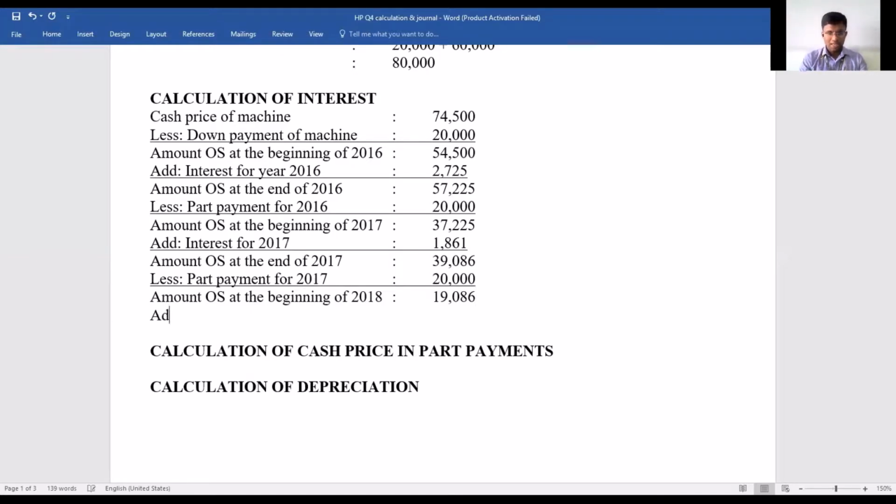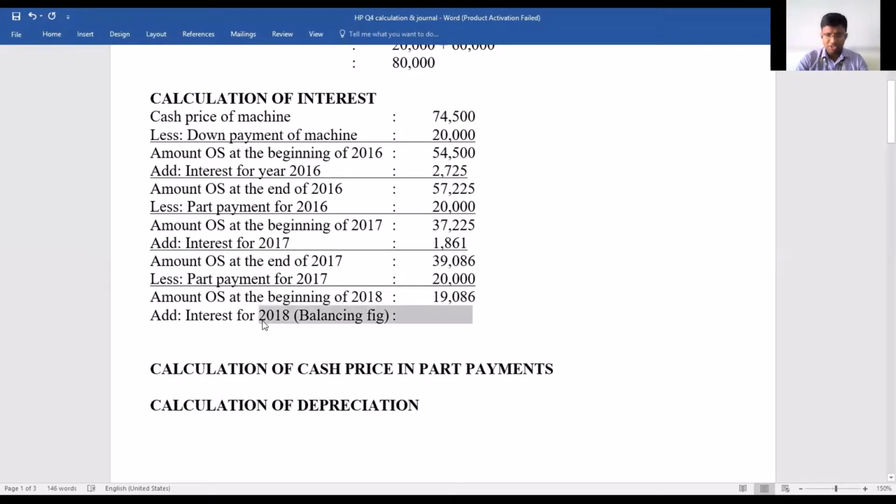So the amount outstanding at the beginning of 2018 works out to be 19,086. So as the standard goes, we will have to compute the interest for 2018. Now, there's going to be an exception to the computation of interest for 2018. I will not be taking the 5% of the outstanding amount. Reason being, we will have to consider the balancing figure. Now, I'll come back and explain why we are doing it in this manner.